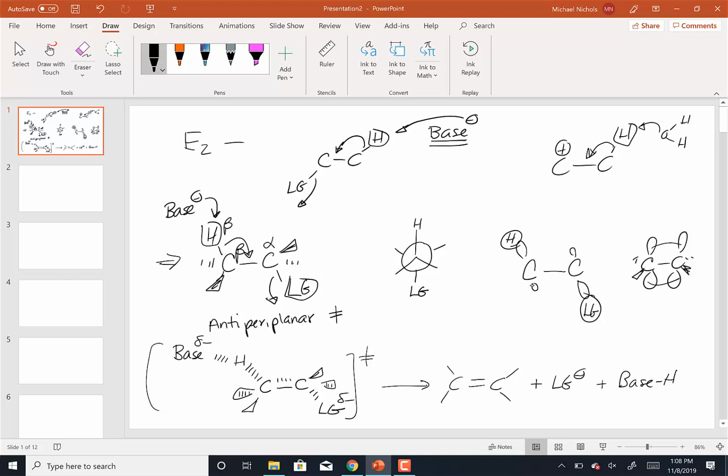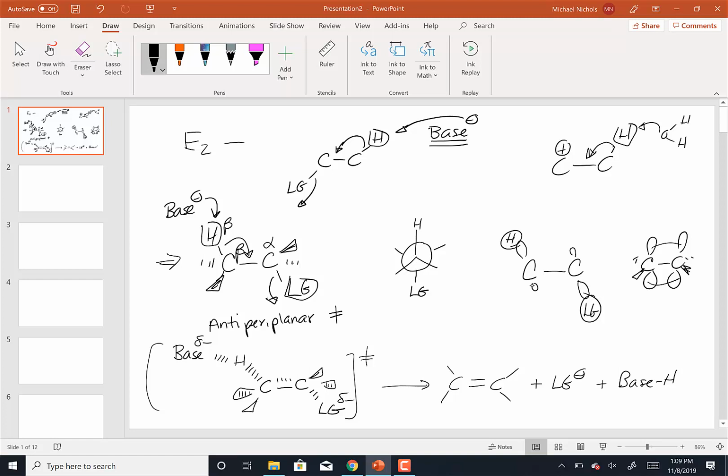Now what happened to those orbitals as we're going from here to here? And what's happening is that those orbitals are starting out like this, big lobe, little lobe. They're going to shift to become parallel, and then it's going to form the double bond.